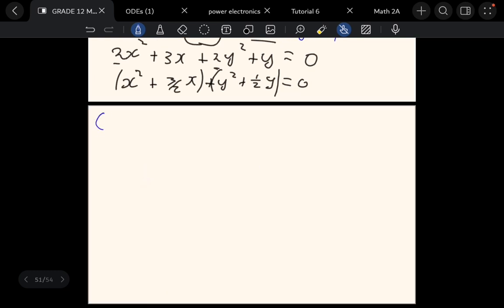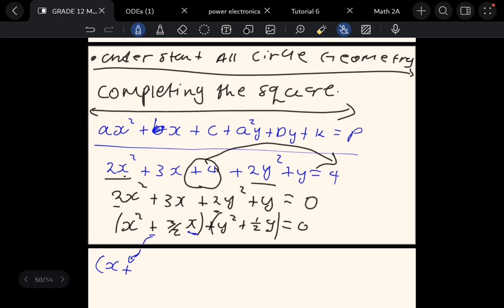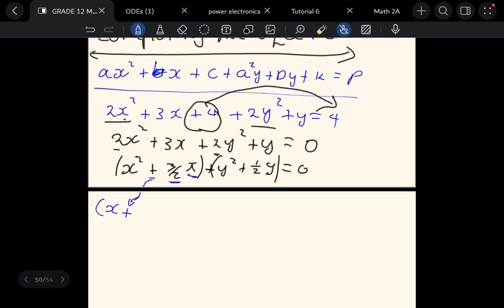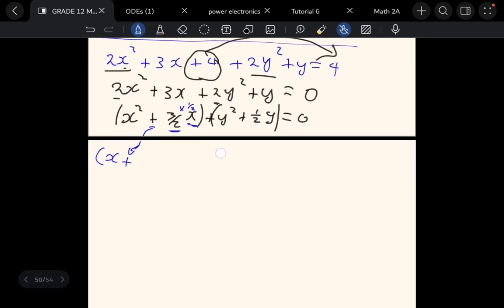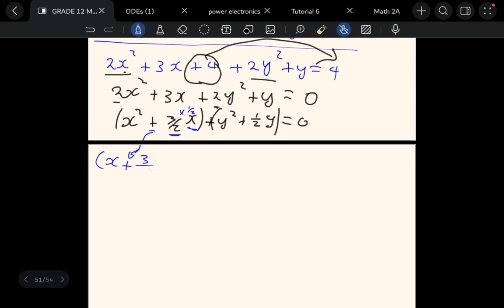Now you can complete the square. Open a bracket. Put this x here. Take this plus, and multiply this term by 1 over 2. We'll multiply the term by 1 over 2, which gives 3 over 4. Close the bracket, squared. Plus. So complete the square. Take the y and substitute again.